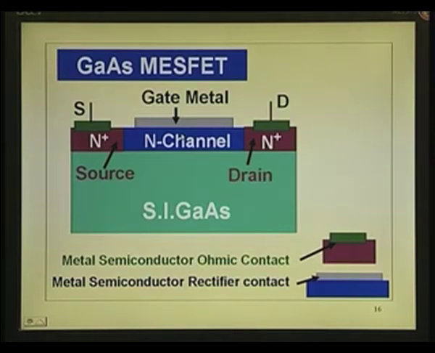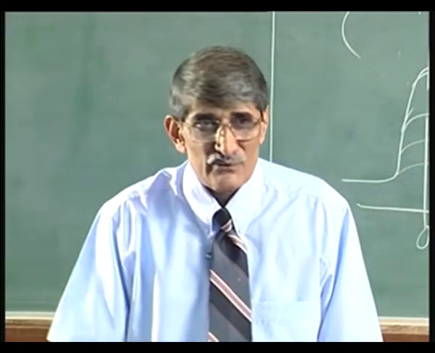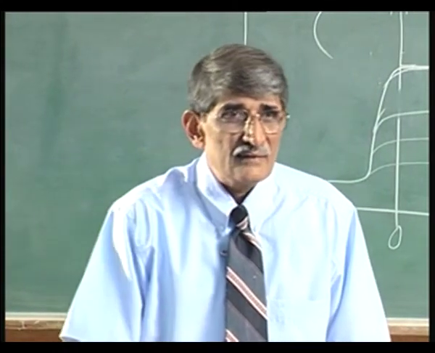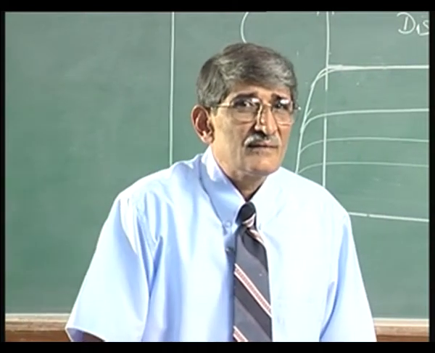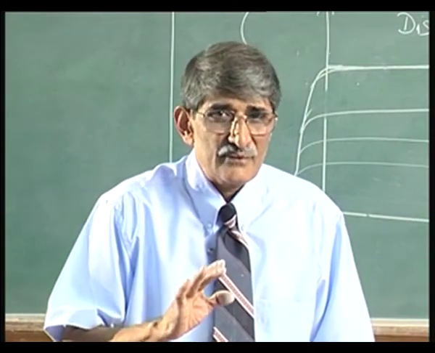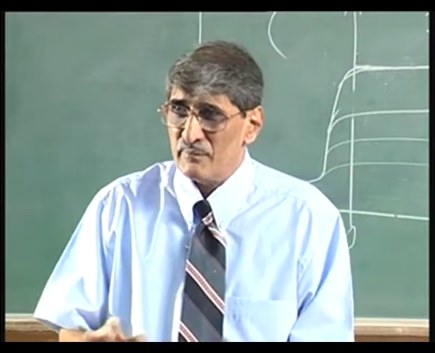Which one would you choose? The answer is, whichever is easy for you to do, you will choose in technology. In gallium arsenide technology, you prefer lower temperature processing. You do not want higher temperature processing.